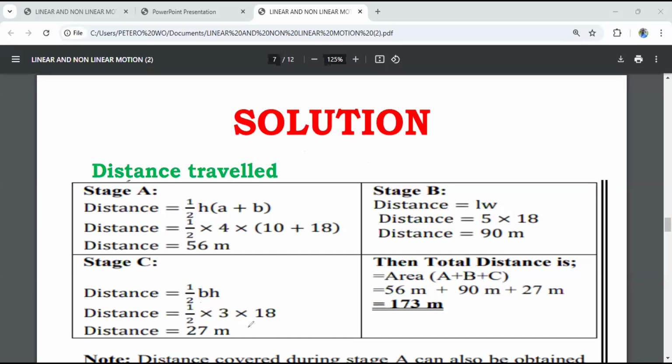But the total distance will be the area A, B, and C. So when we add them, we get our answer as 173 meters. That is the area which is under this graph that we are having here.